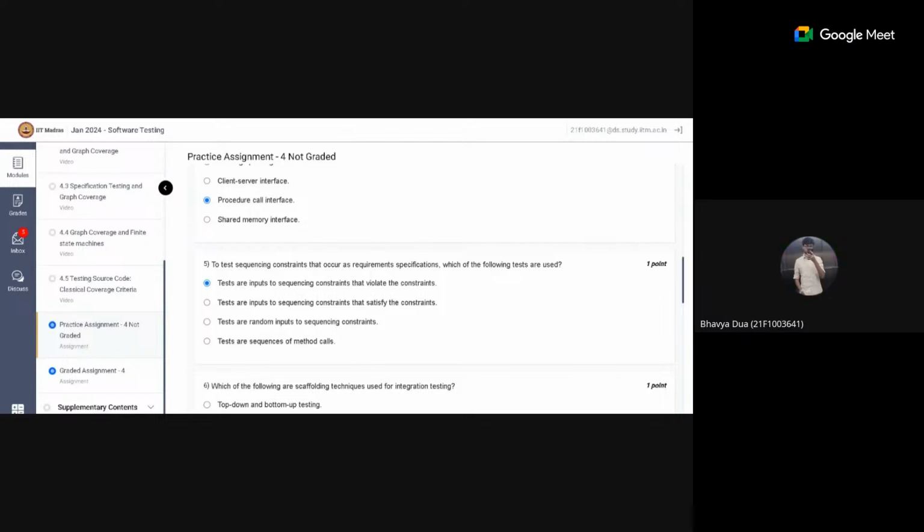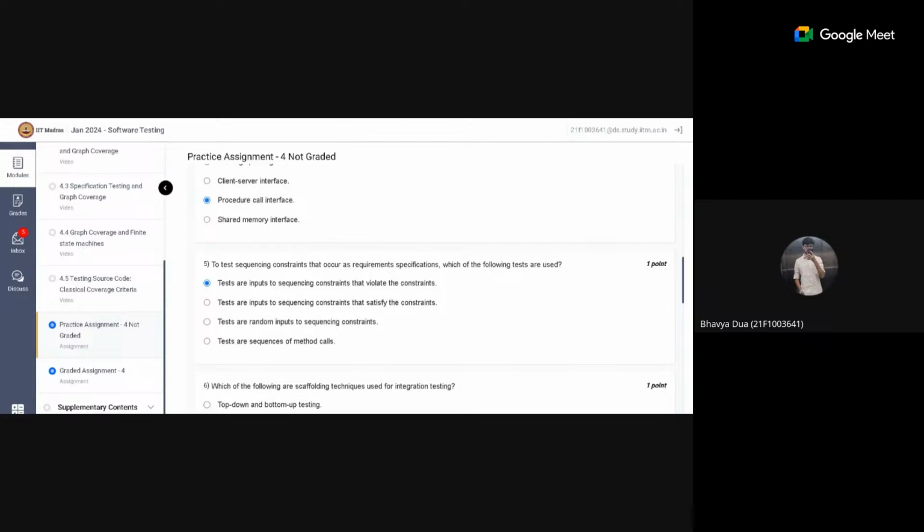That's the way I answered it. I got confused because in the lecture, ma'am says, after the definition of sequencing constraints with the graph, that we always look for ways to violate the requirements because sequencing constraints are often not written down formally. So testers always look for violating conditions for the test methods. That is why I got confused.